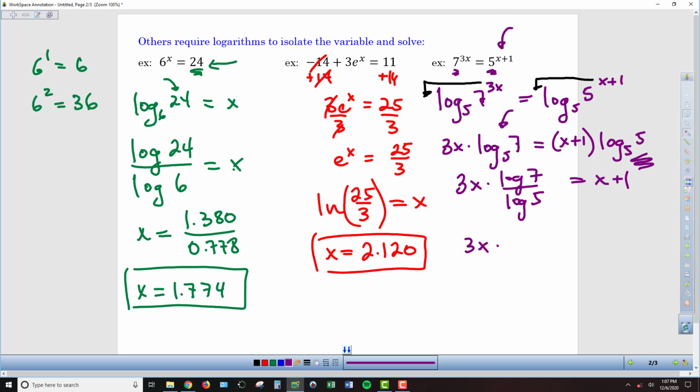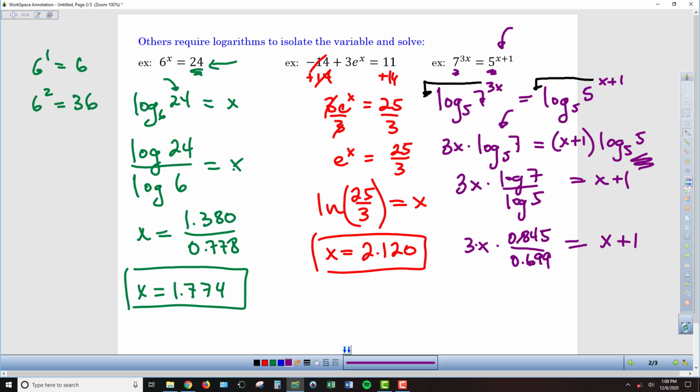I still have this 3x here. And so if I push buttons, the log of 7 is 0.845, and the log of 5 is 0.699. And so that is still equal over here on the other side to this x plus 1. And so now over here on this left-hand side, I just have a bunch of multiplying and dividing that I have to do.